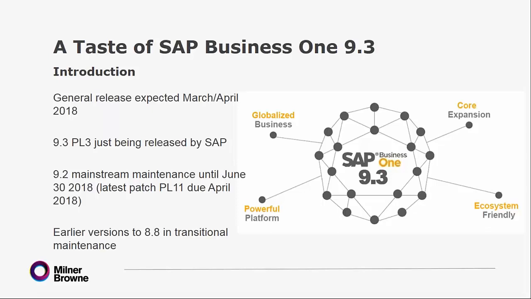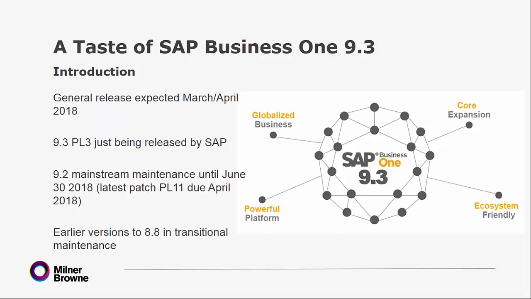We're coming up now to just getting patch level 3, and then patch level 4 will be following soon. I say for those of you who were seeing the GDPR talk in the last couple of weeks, you'll know that SAP are adding some more features in around that in patch 3 and 4.